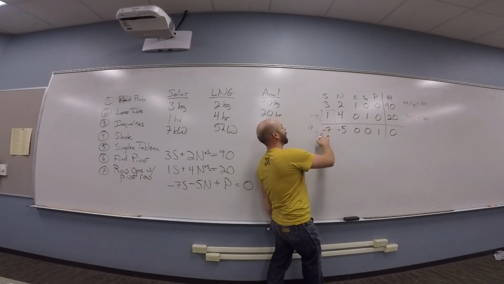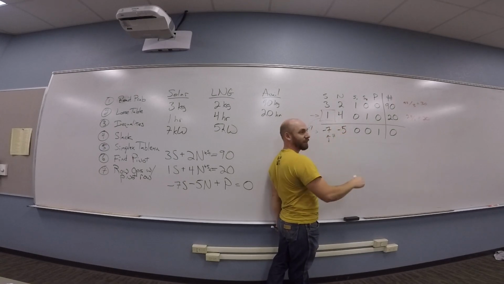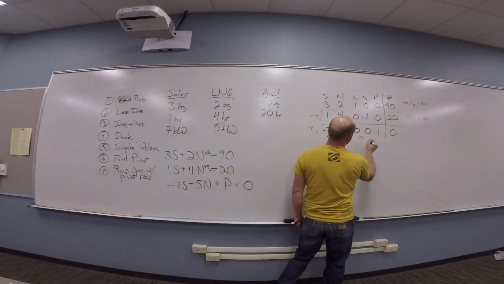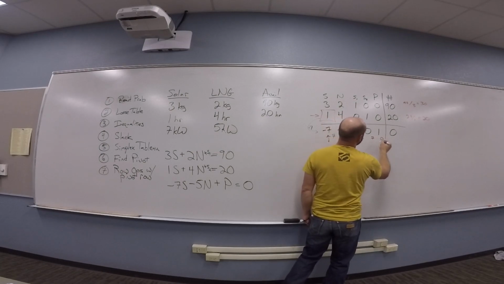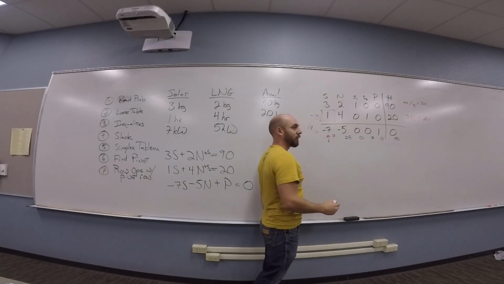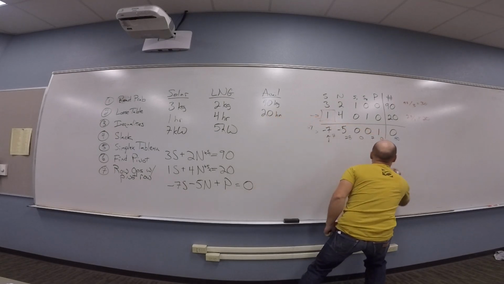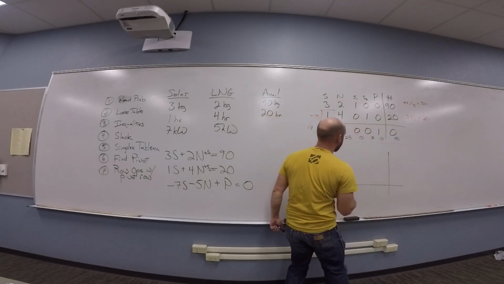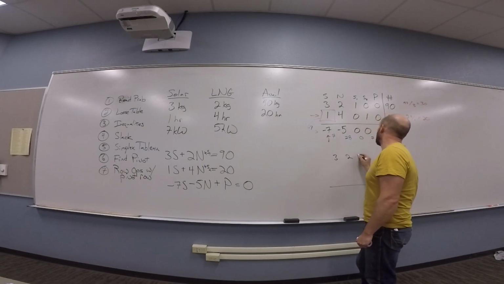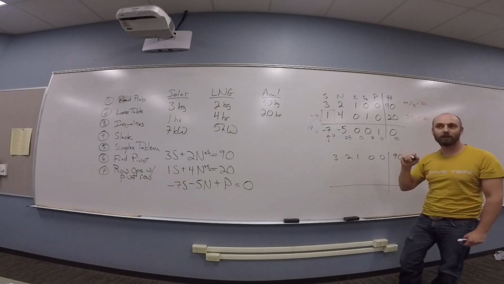So, multiply by 7, you get 7, 28, 0, 7, 0, 140. Then add, and keep the row. So I'm going to get a new simplex table. The top row is 3, 2, 1, 0, 0, 90, because I didn't do anything to that.